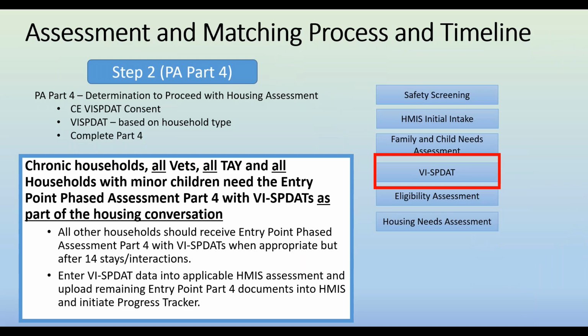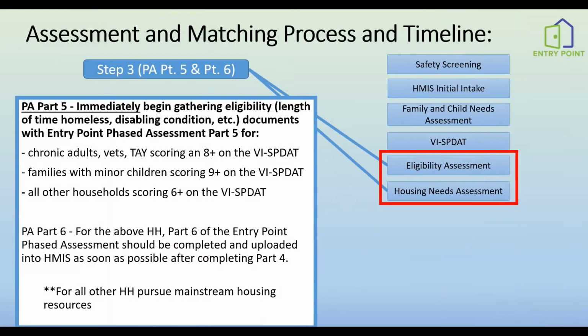The next step is for the special populations listed on your screen, we move as quickly as possible to part 4, the VI-SPDAT and vulnerability assessment. So if your client is part of a chronically homeless household, if they're a veteran, if they're a transition age youth, if they're a household that has minor children in it, then you're going to start this part 4 right away.